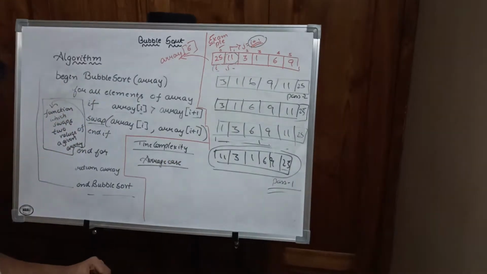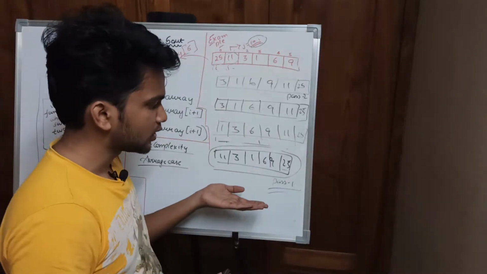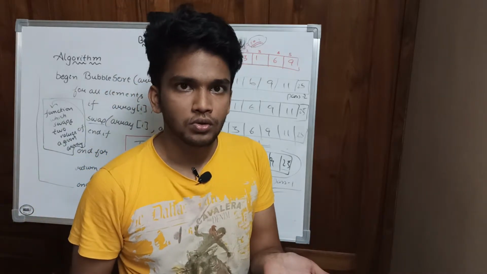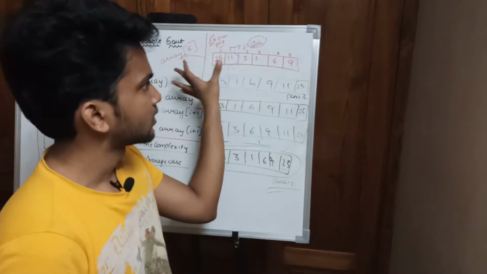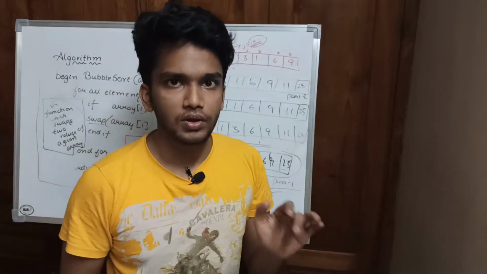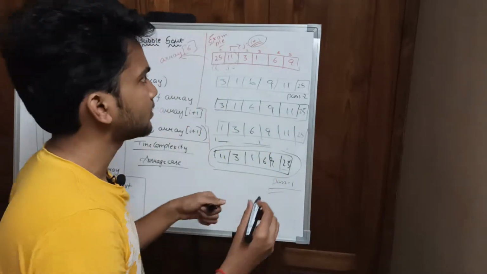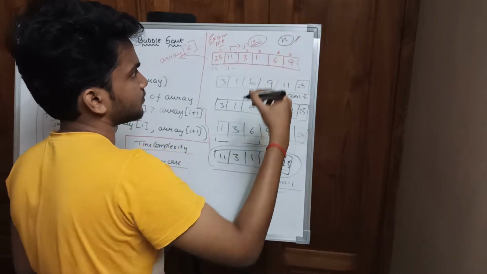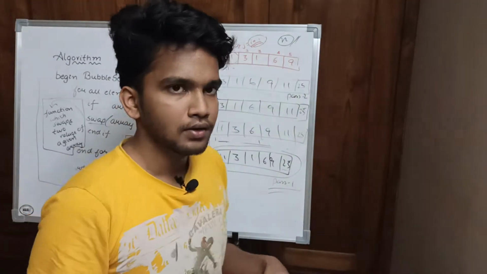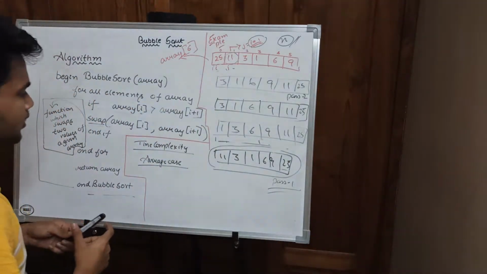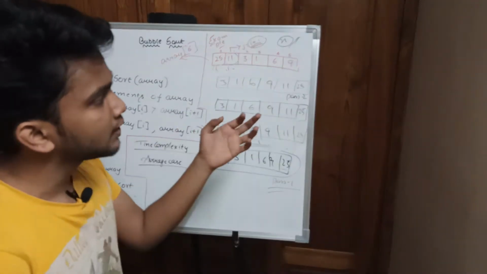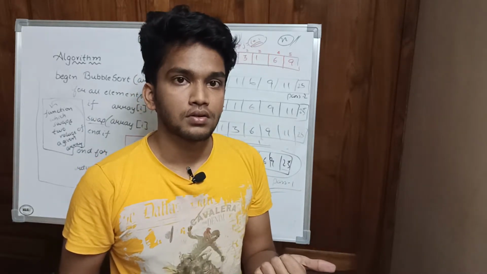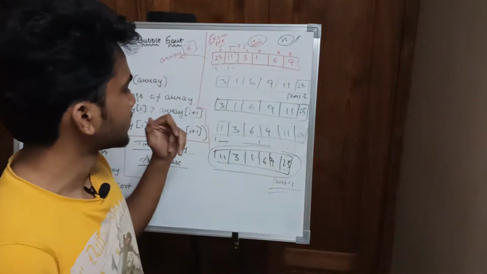Here, if you observe carefully, we are accessing the elements of the array by using a for loop. Consider there is no particular length; if the length of the array, that is the size of the array, is n, then we are performing n minus 1 comparisons in the first pass. How? Check.